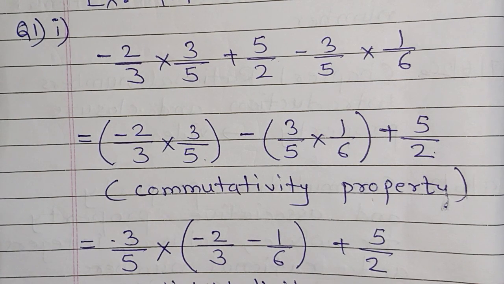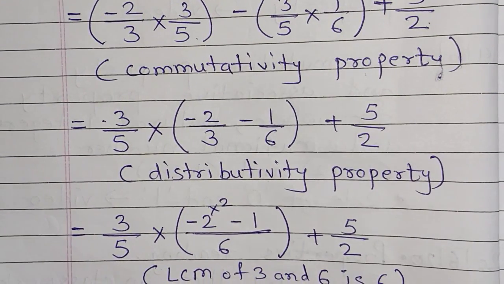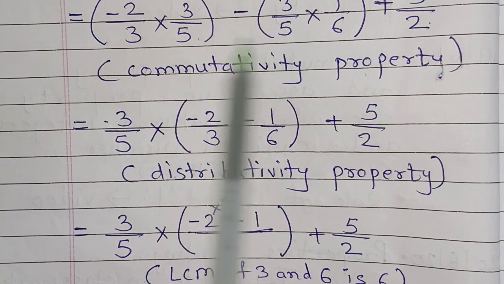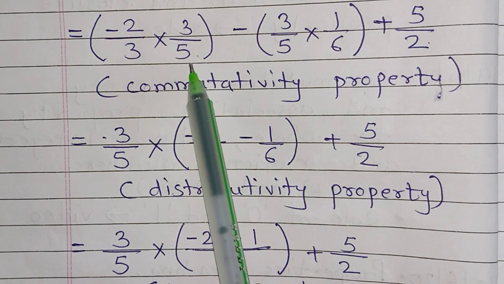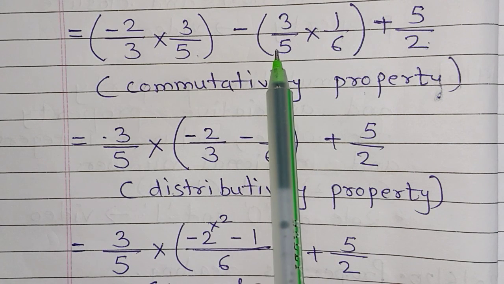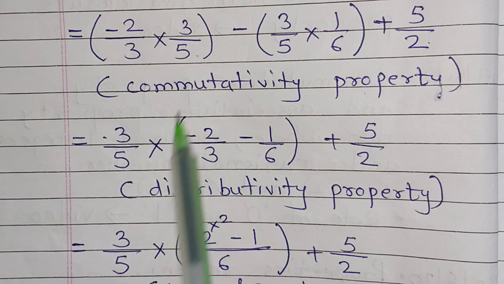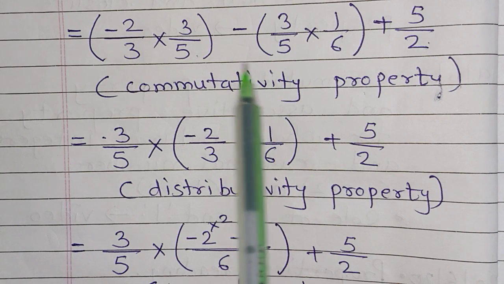So after this, using the distributive property, if you see both the brackets clearly, we have 3 upon 5 common. So I have taken it out. See here, by the distributive property, I am solving it.